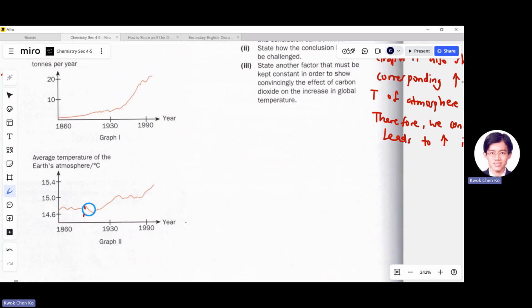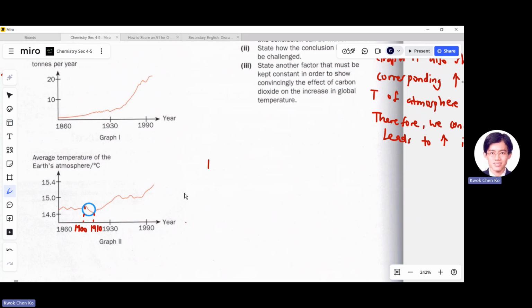You can try to gauge, this is about the 1900s, right? 1900 to 1910 maybe, or you just give a rough estimate.